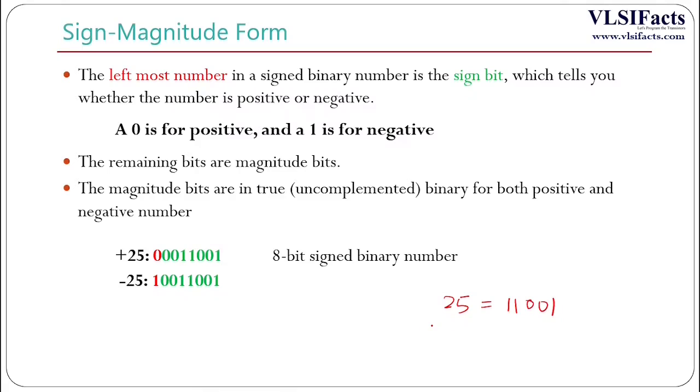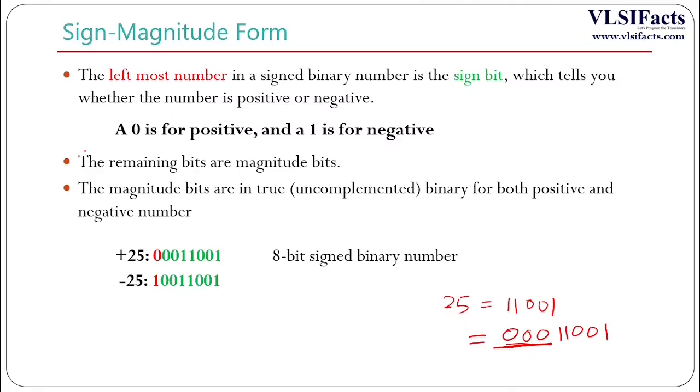But since this is an 8-bit binary number representation, this can also be written as 00011001. So you have appended these 3 zeros towards the left of the number to make this 5-bit number an 8-bit number.